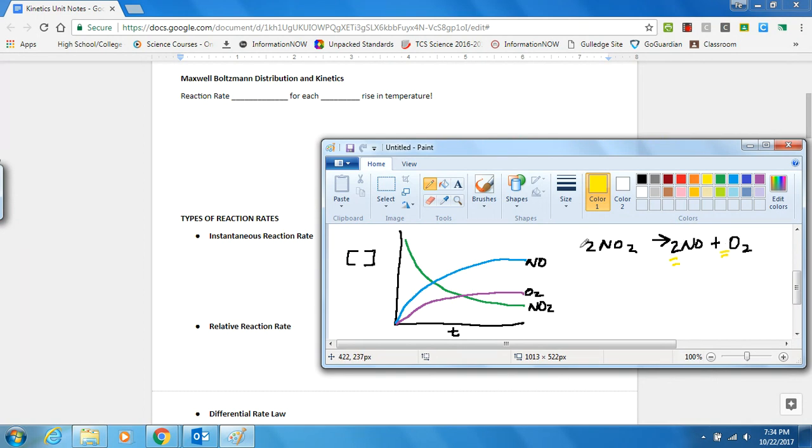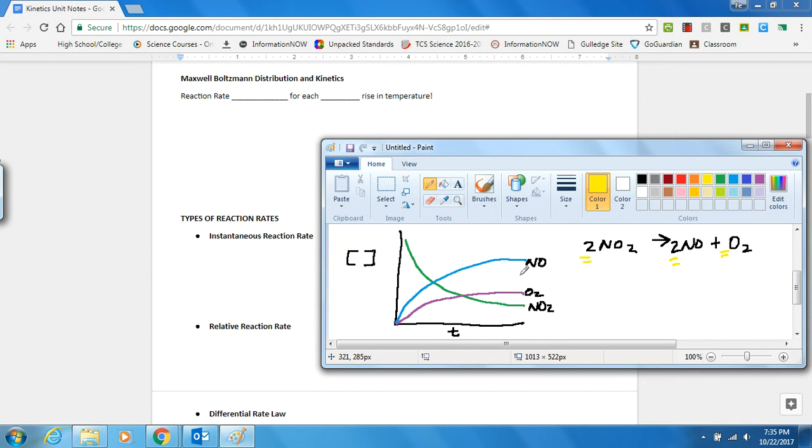So when two NO2s collide, making effective collisions, we're producing 2 NOs and only 1 O2. Because of these coefficients, I have twice as much NO produced as O2. So coefficients, stoichiometry, I promise you, you're never going to get rid of stoichiometry, so embrace it. Learn to look at relationships, and it'll make it so much easier for you.